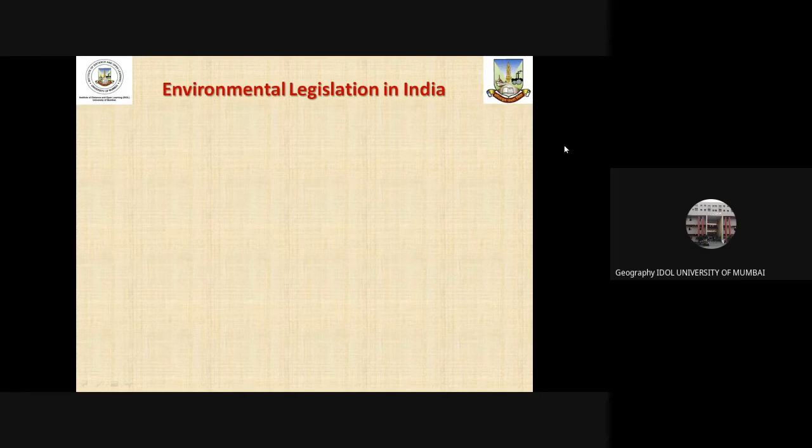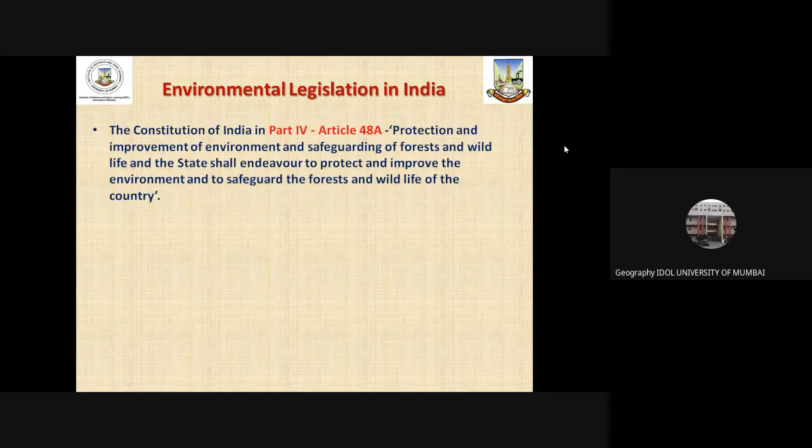As far as the environmental legislation in India is concerned, in the Constitution of India, Part 4, Article 48A, it is mentioned that protection and improvement of environment and safeguarding of forest and wildlife, and the state shall endeavor to protect and improve the environment and to safeguard the forest and wildlife of the country.